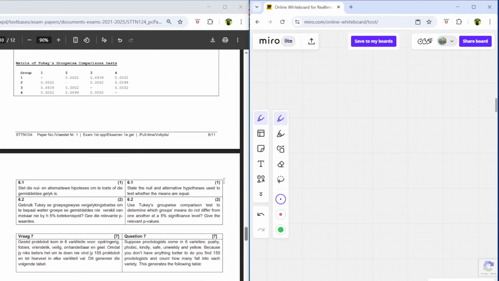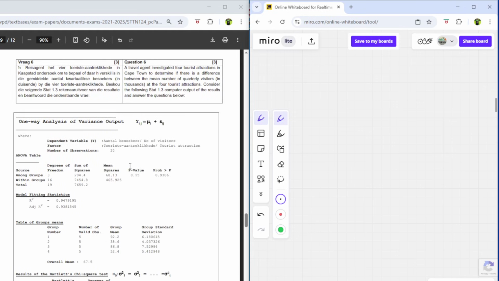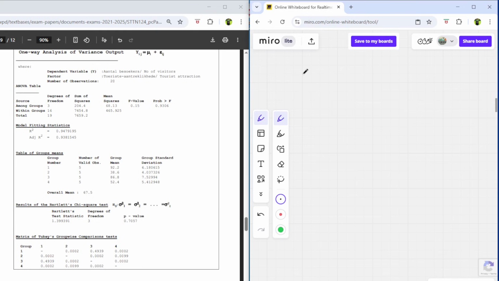6.1, state the null and alternative hypothesis. They said 4, we have 4 groups. So the null hypothesis is going to say mean 1 is equal to mean 2 equal to mean 3 equal to mean 4.